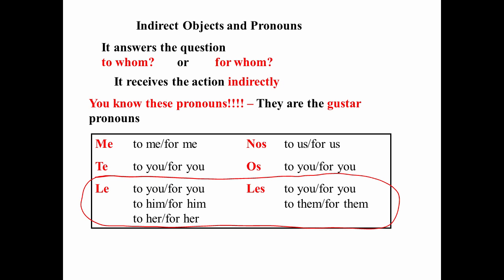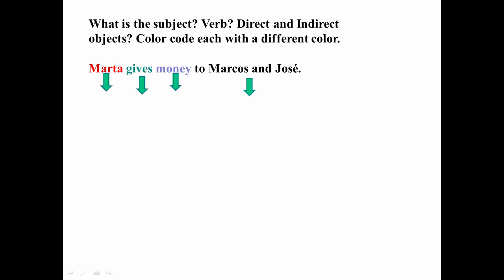Okay, now that you're back, we're going to continue. What is the subject, verb, direct, and indirect objects? Color code each with a different color. It's going to be extremely helpful for you if we color code the different parts of a sentence with different colors so we can identify what's the subject, what's the indirect object.